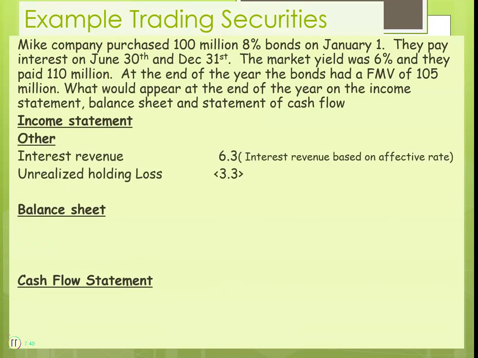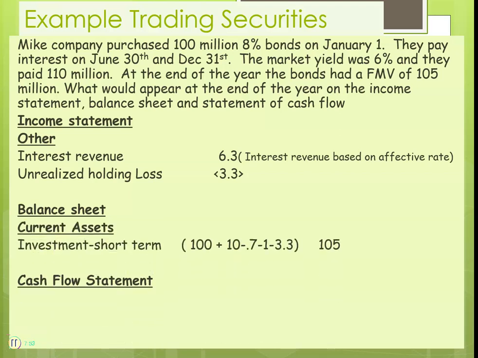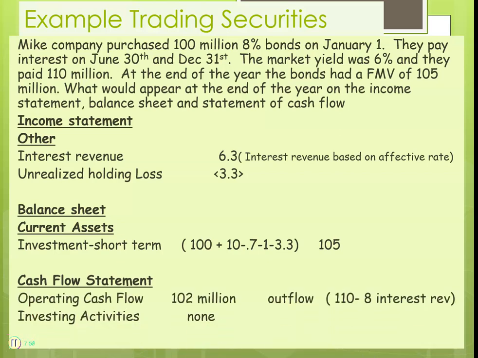So on the income statement under other, we would have interest revenue and then unrealized holding loss. On the balance sheet, we would see a short-term investment of $105 million, and on the cash flow statement, everything would be part of operating activities. And that concludes part 2 of the Chapter 12 presentation.